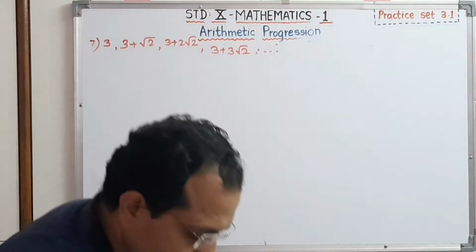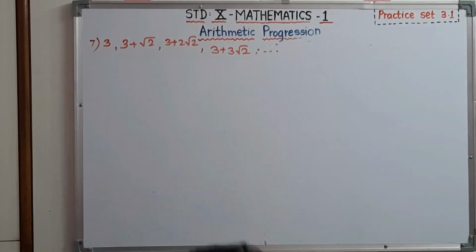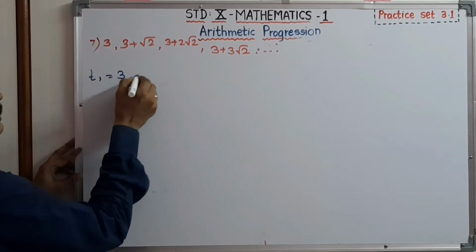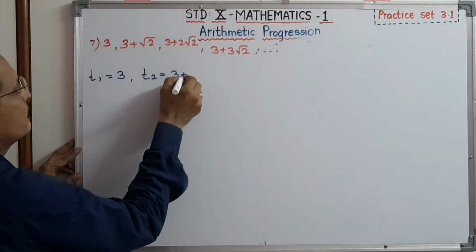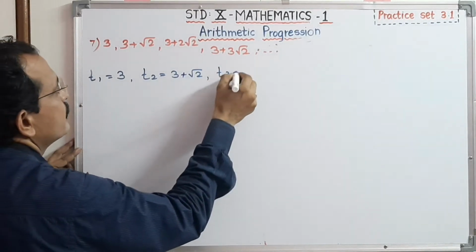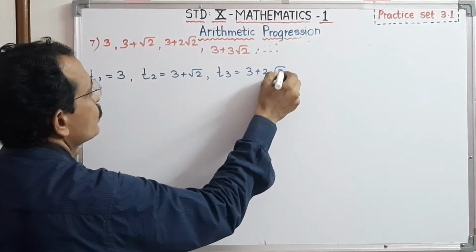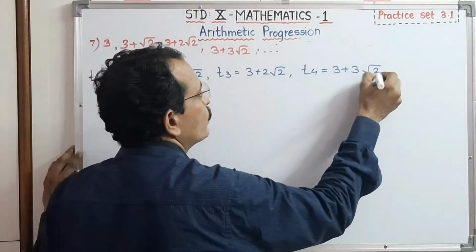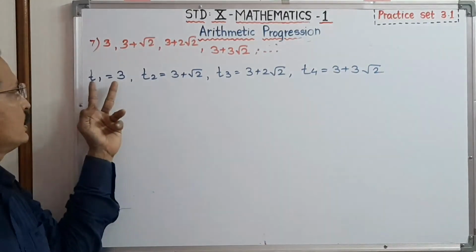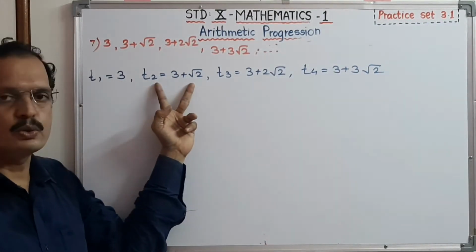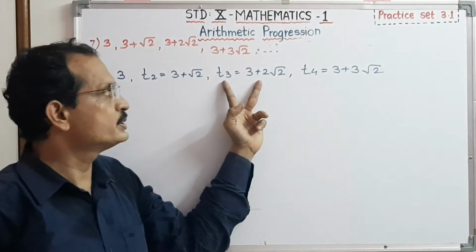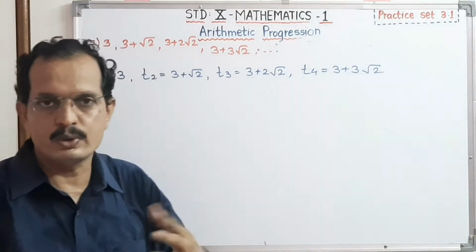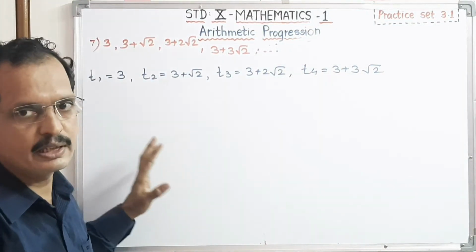Now see, in this sum, the first term T1 is equal to 3, T2 is equal to 3 plus root 2, T3 is equal to 3 plus 2 root 2 and T4 is equal to 3 plus 3 root 2. We have to decide whether the given sequence is an AP or not.